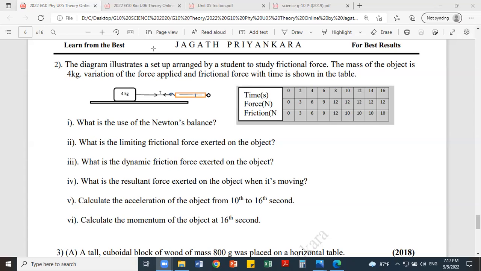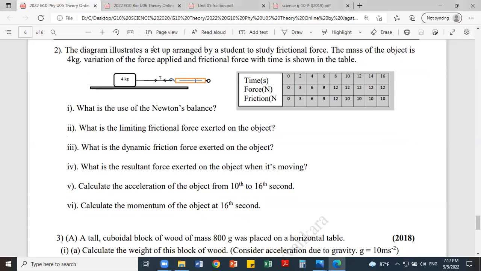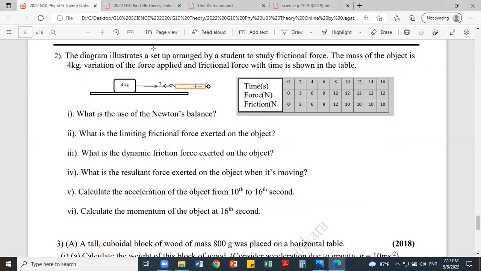Right, so this is how it's done. What is the use of the newton balance? What is the answer for part 1? Any volunteers? Why do we use a newton balance here when you are pulling the block of wood? Yes?